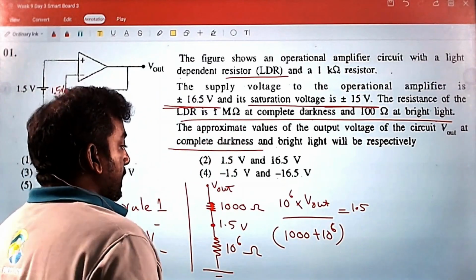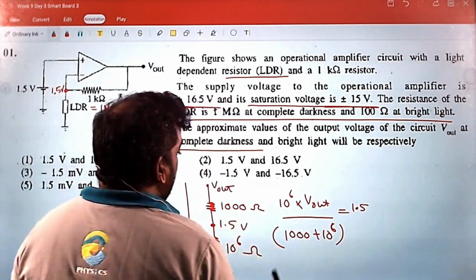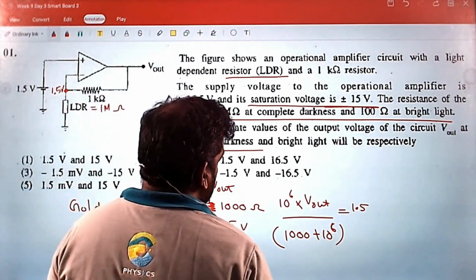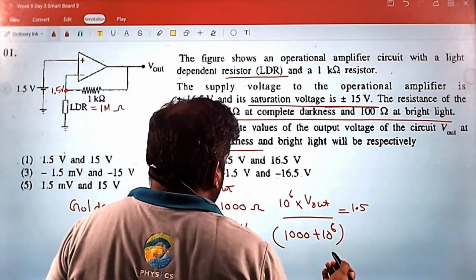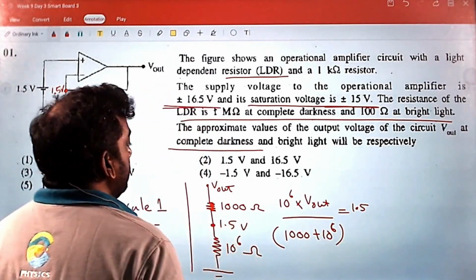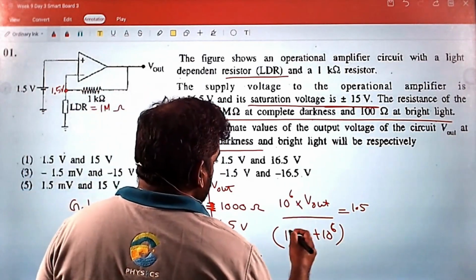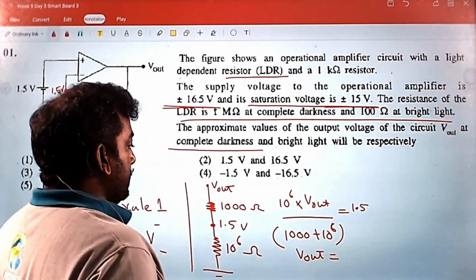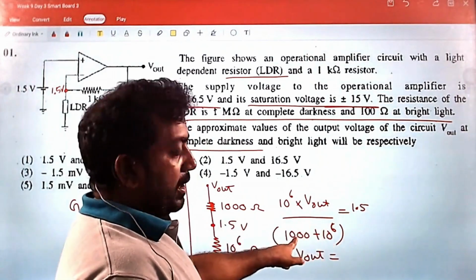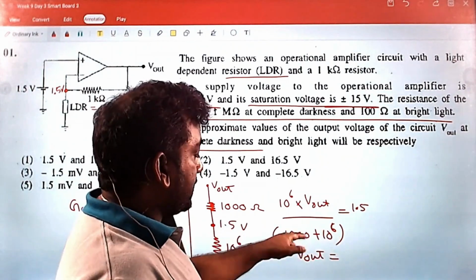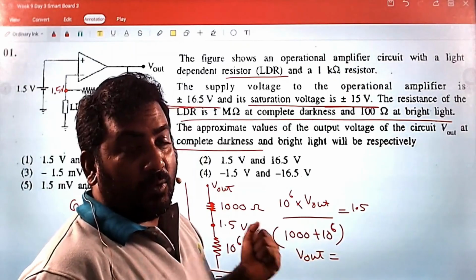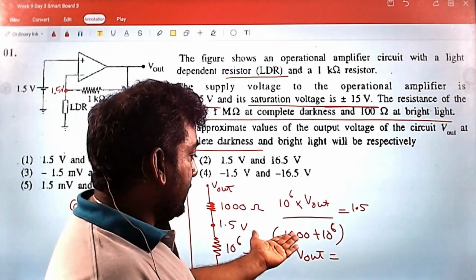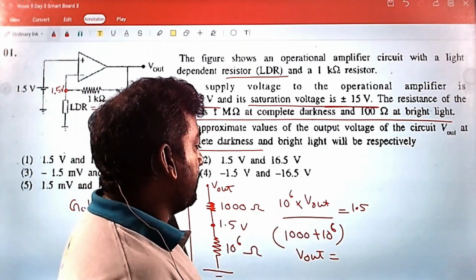If you consider mega and kilo, 10 to the power 6 and 1000, 1 million and 1000, so approximately the same.